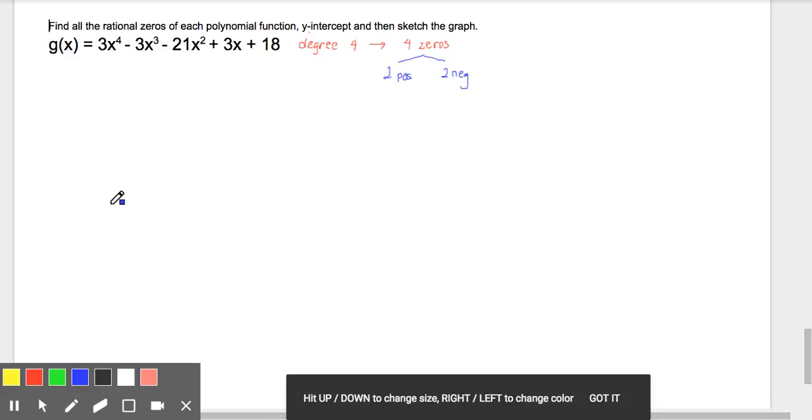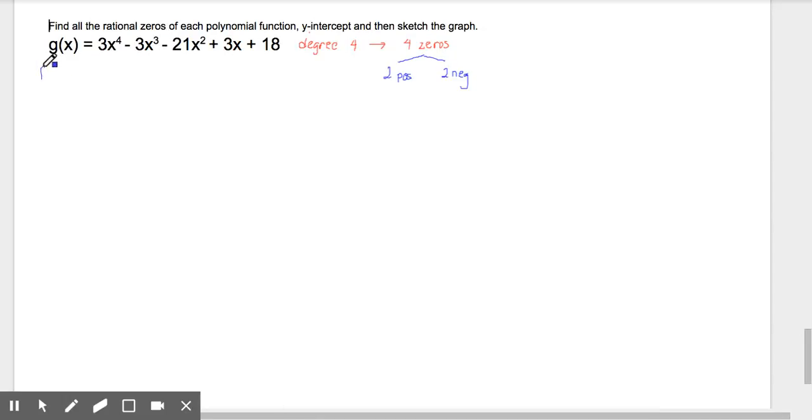Okay, so now let's look for the zeros. First, we need to make a list of the possible rational zeros. So here we're going to put the possible rational zeros.